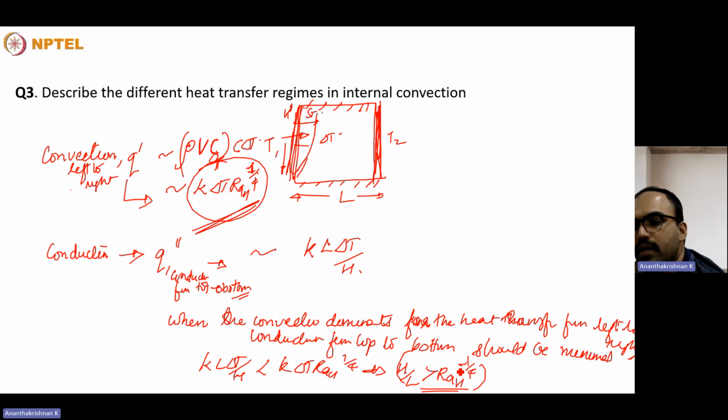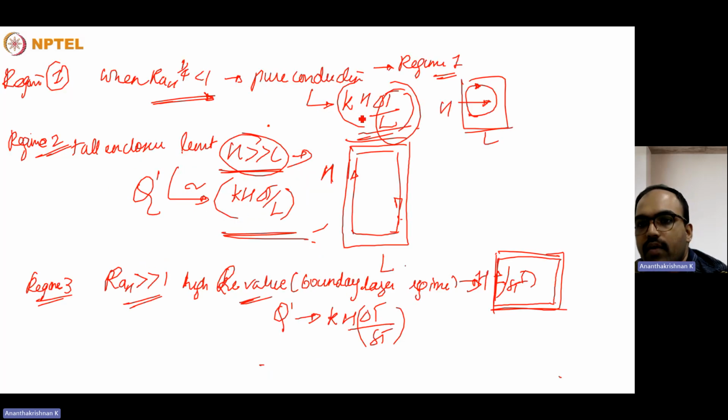That is one fixed basis on which the convection happens. If that condition is not satisfied, that will be pure conduction. That is regime one, where the scaling will be done based on the total length of the plate, the horizontal dimension, rather than the boundary layer thickness.